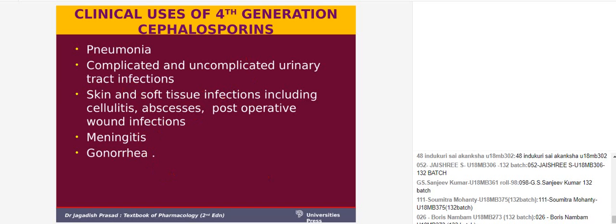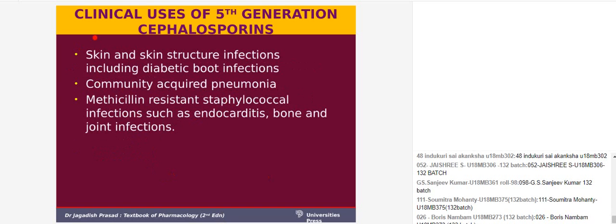And the fifth generation cephalosporins, we can use them in skin and skin structure infections, including diabetic foot and community acquired pneumonia, then methicillin resistant staphylococcal infections such as endocarditis, bone and joint infections.